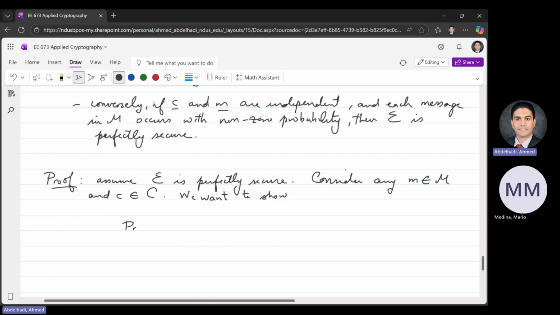The probability of C equal to c and M equal to m is equal to the probability of C equal to c times the probability of M equal to m.